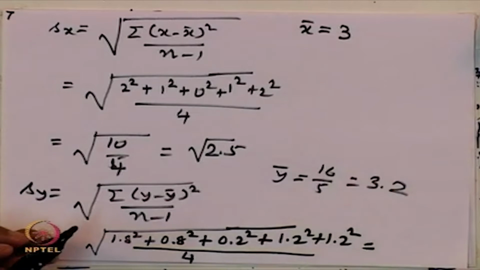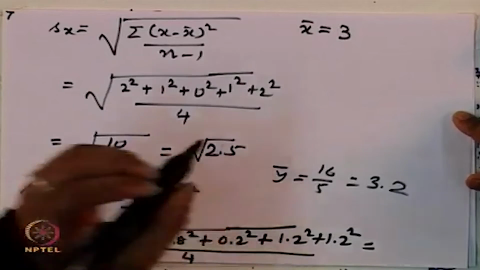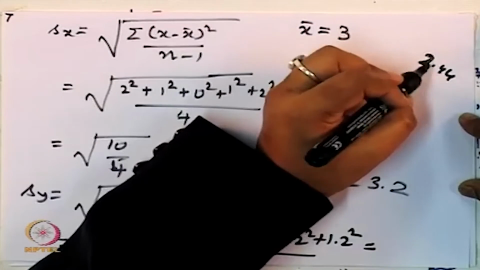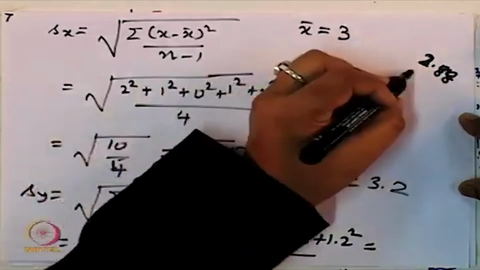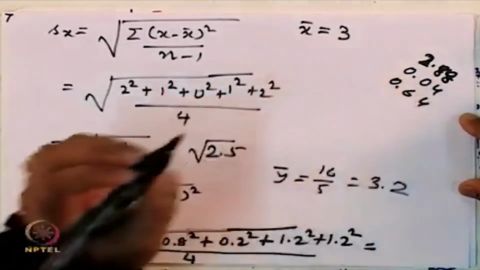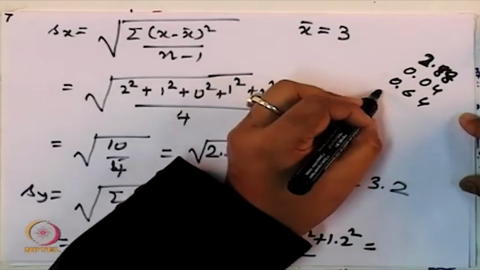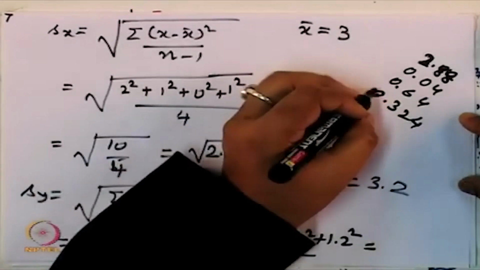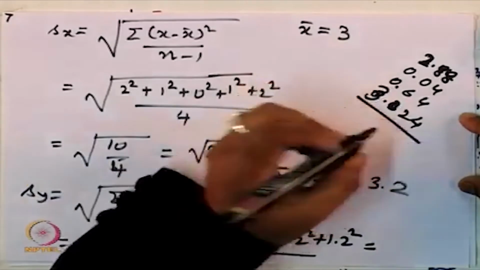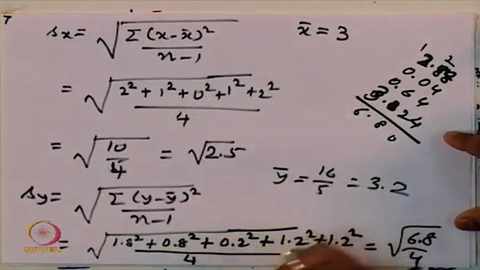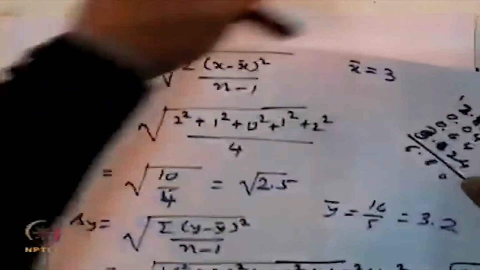I can calculate this as 3.24 plus 0.64 plus 0.04 plus 1.44 plus 1.44, which is 6.8. So, root of 6.8 by 4 is square root of 1.7.